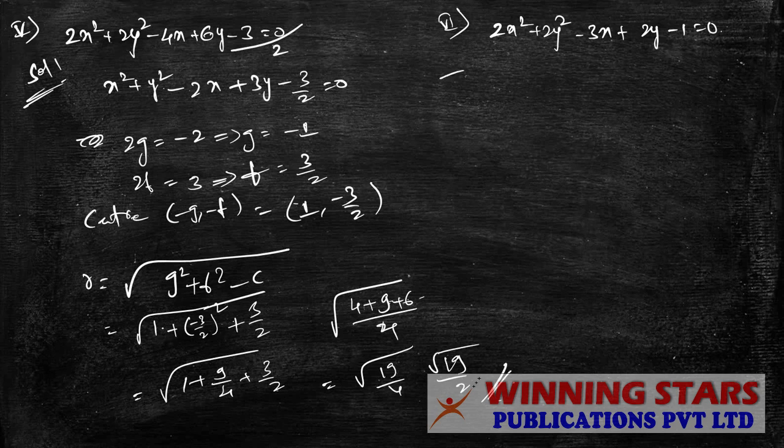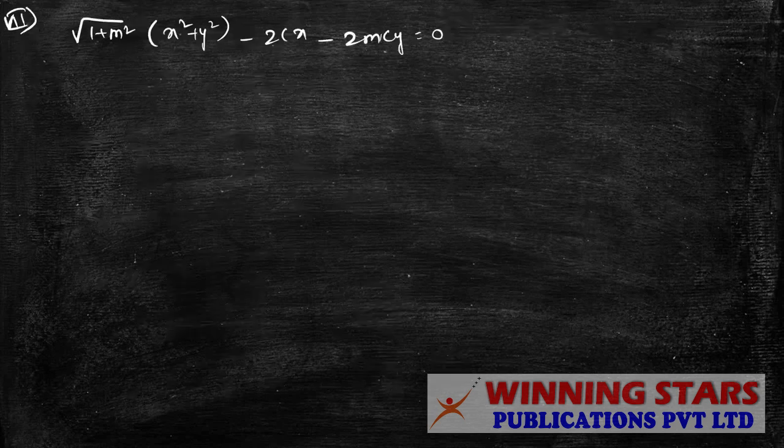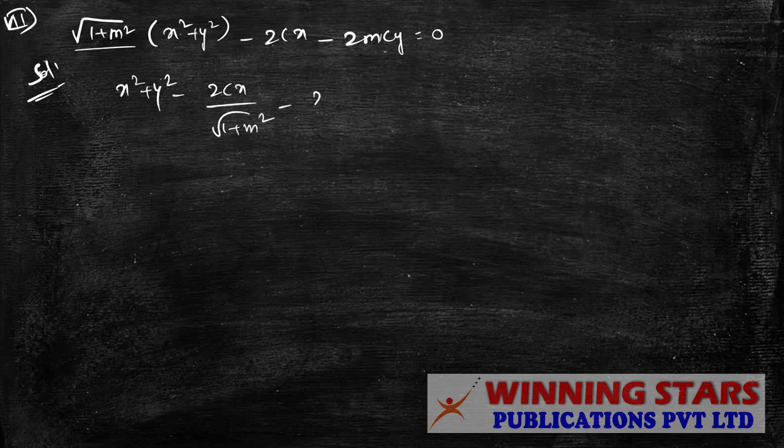So the sixth one you do, and we'll go for the next one. Here solution, we divide the total by this one. So x square plus y square minus 2cx divided by under root of 1 plus m square minus 2mcy divided by under root of 1 plus m square is equal to 0 here.